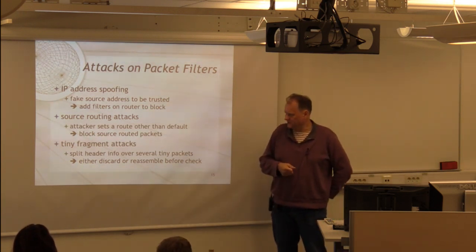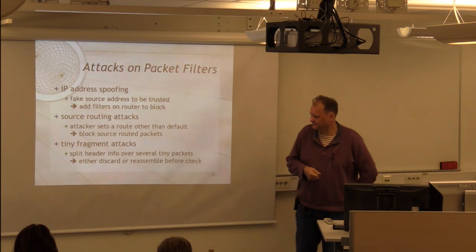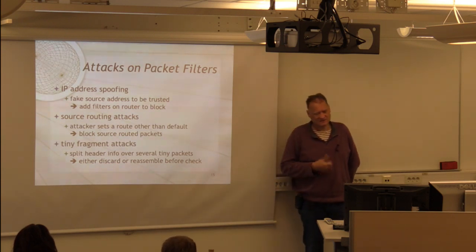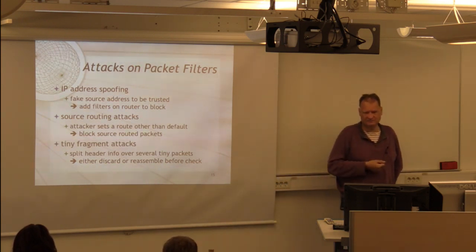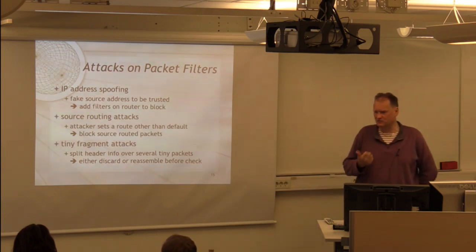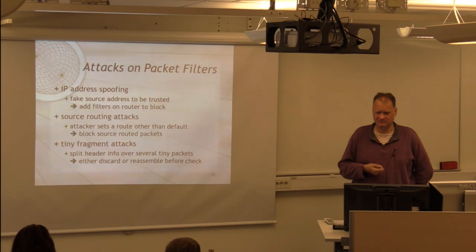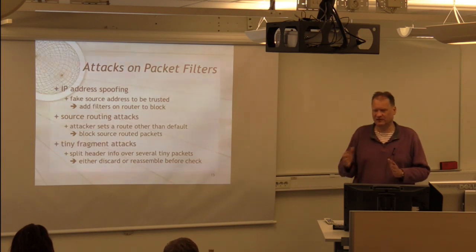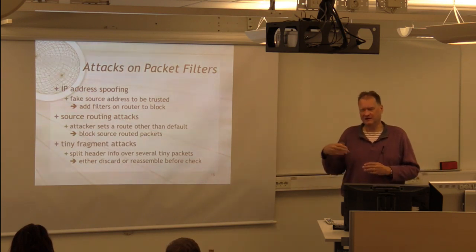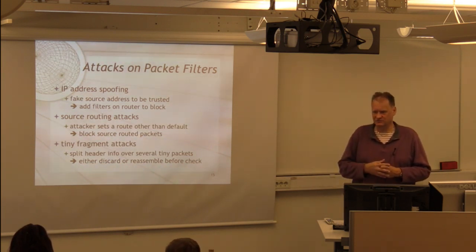And the third type of attack is called a tiny fragment attack. We fragment our packet into tiny fragments, so small that not even the header fits in one packet. What happens then? Well, if we don't have the entire header, we don't have all the information about port numbers and IP addresses that are used.